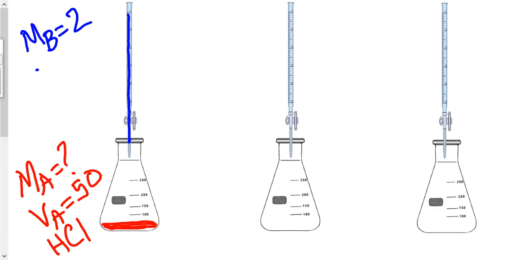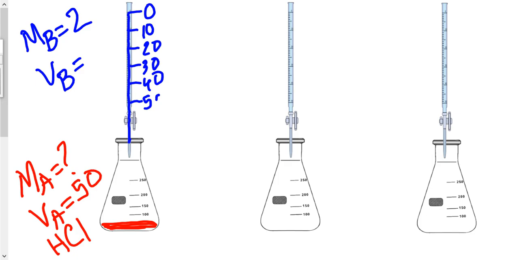And the volume of the base, we can figure it out by reading the starting and the end point from our burette. Here it's started at 0. Over here it's 10. Then we have 20, then we have 30, 40, and 50, right? So we can read the marks from the burette to figure out how much we used, and then that would be the volume of the base.